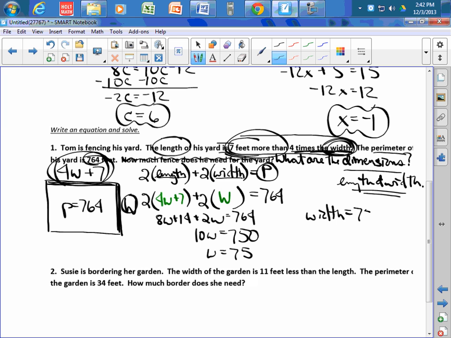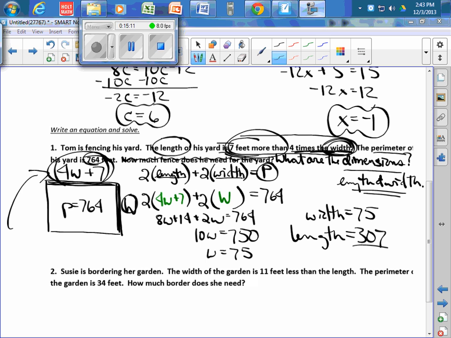Well, what's the length? We have to go back to this expression right here. To find the length, we're going to take 4 times 75, 300, add 7, get 307. Does that give us the dimensions of a rectangle with a perimeter of 764?